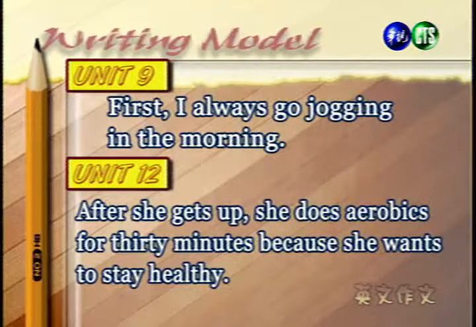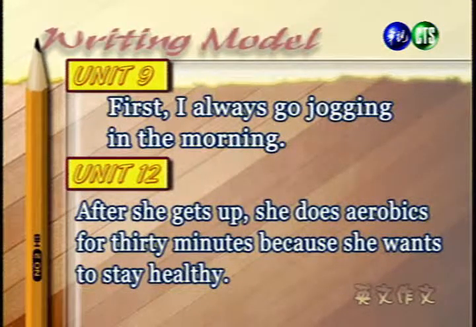In both of these sentences, the person is exercising, but the sentence from Unit 12 also tells why she's exercising. These added details give you a clearer picture of what her life is like.